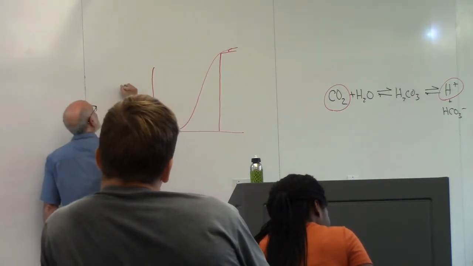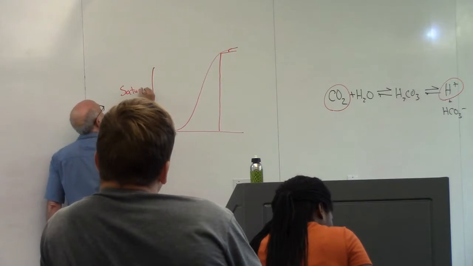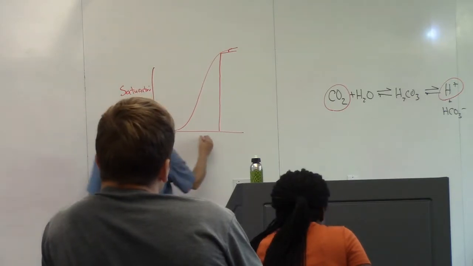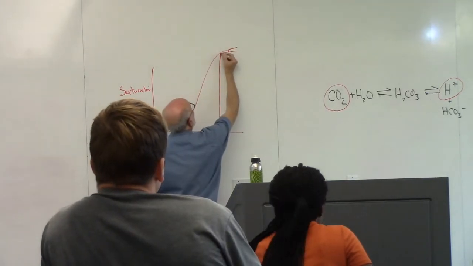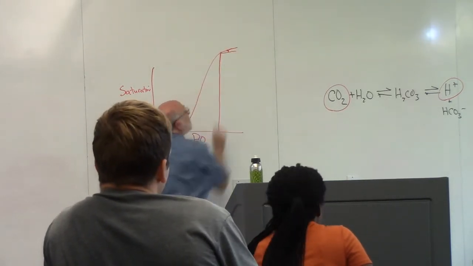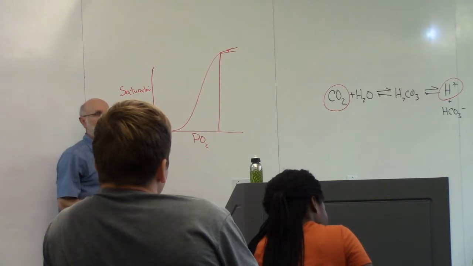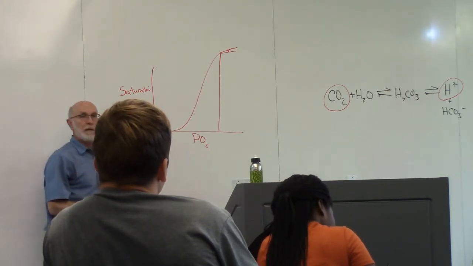This is saturation, and this is PO2. We can only go from here to here, and so we can only increase PO2 a little bit.